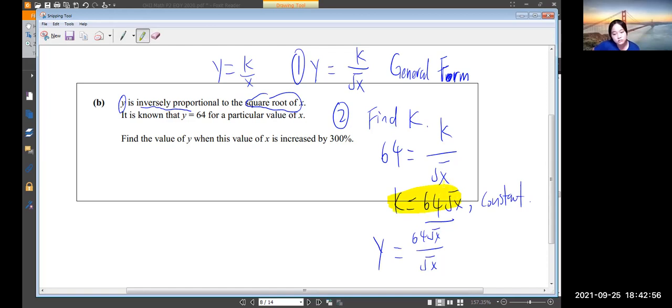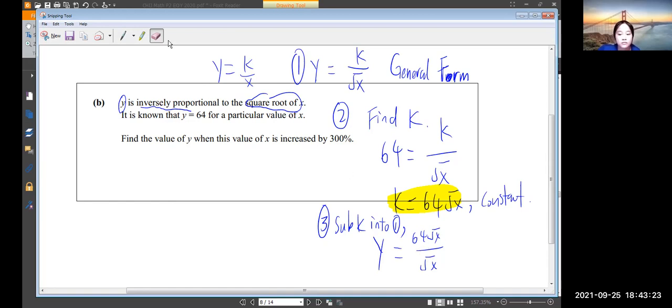Once you find your k, step 3 is you sub in your k value. Sub k into 1, I mean equation 1. Therefore, you will get this. Can you see?